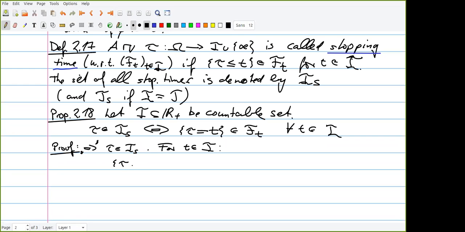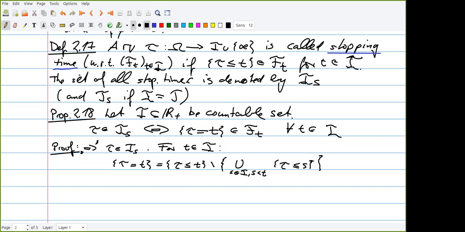This event is the event that tau is less than or equal to t, minus the union over all s strictly less than t, and that's the whole point, strictly less than t, of the events tau less than or equal to s.